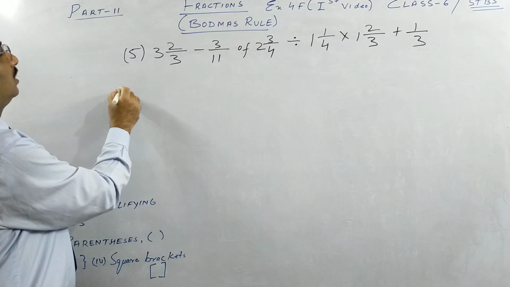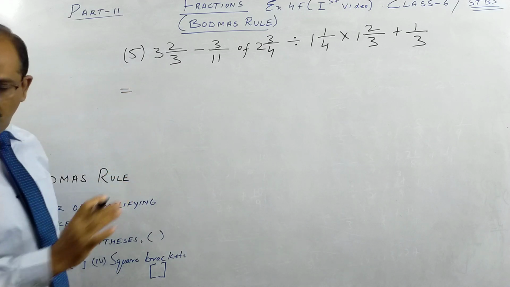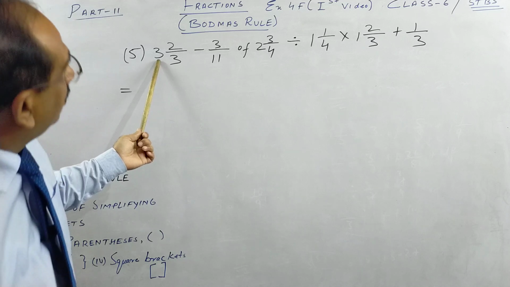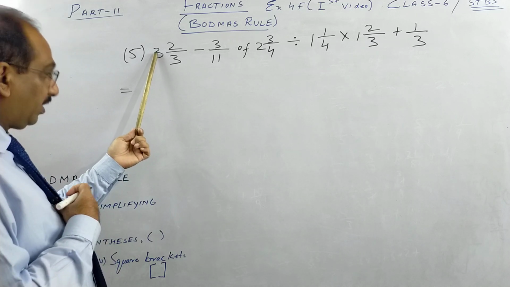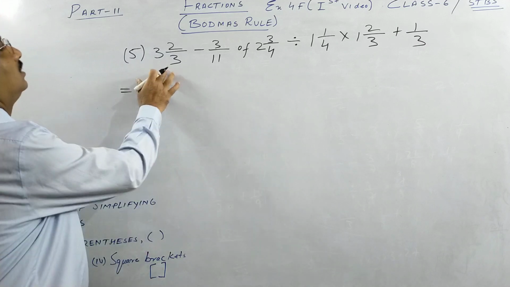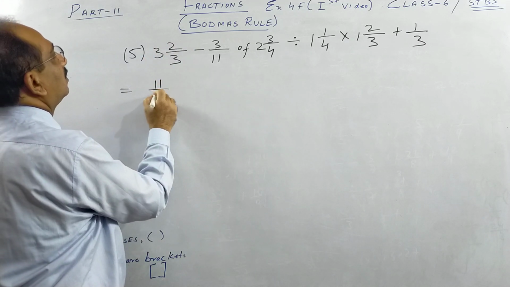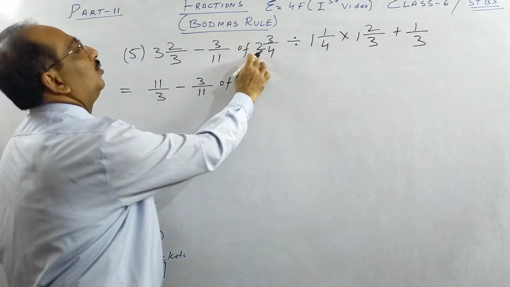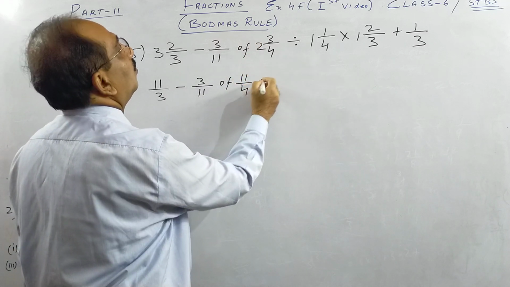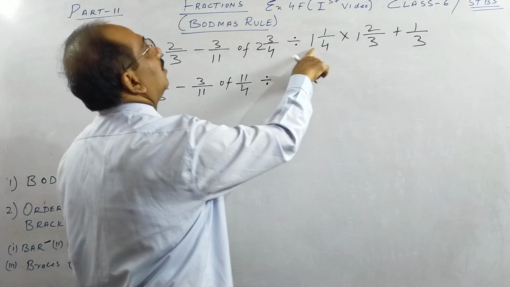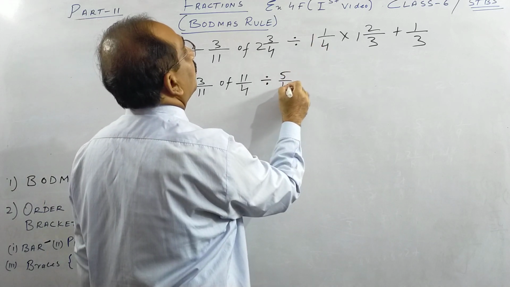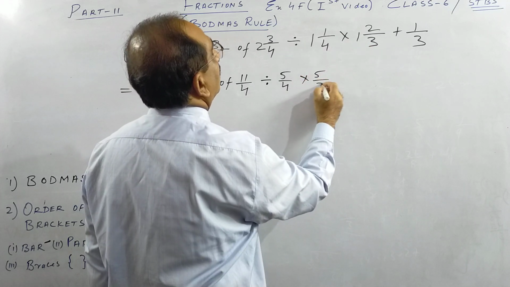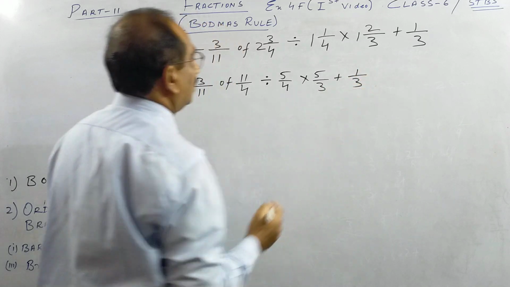So the very first step, children, is we convert all the mixed fractions into improper fractions. 3 3s are 9 plus 2, 11 by 3, minus 3 by 11 of, 4 2s are 8 plus 3, 11 by 4, divided by, 4 1s are 4 plus 1, 5 by 4, into, 3 1s are 3 plus 2, 5 by 3, plus 1 by 3.